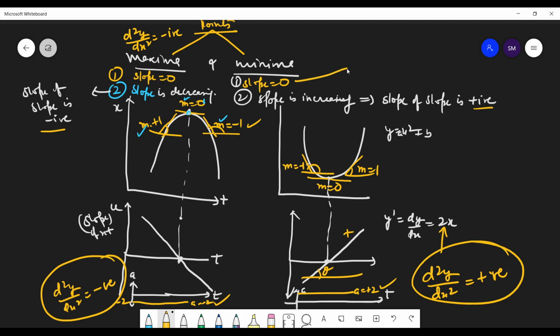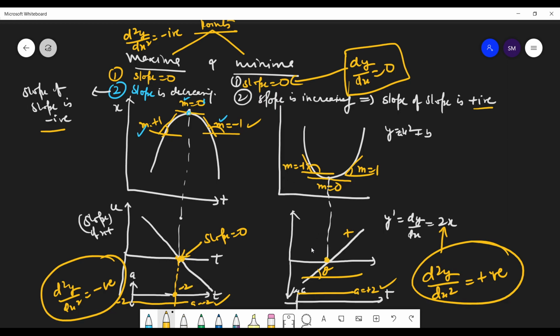What is the common point among them? Slope is 0, means dy by dx is equal to 0 in both the cases. See, at this point dy by dx is 0, slope is 0 at maxima. See, what is the slope at maxima? 0. But what is the slope further here at maxima? Minus 2, slope of slope.